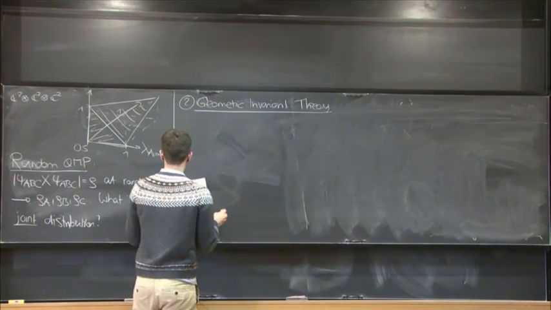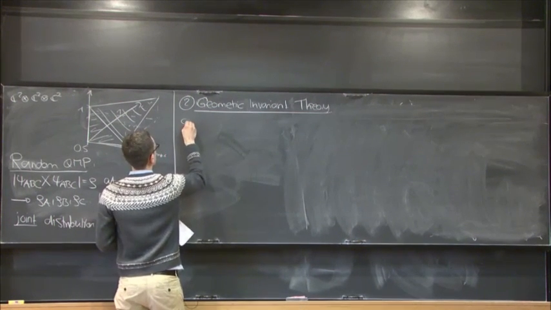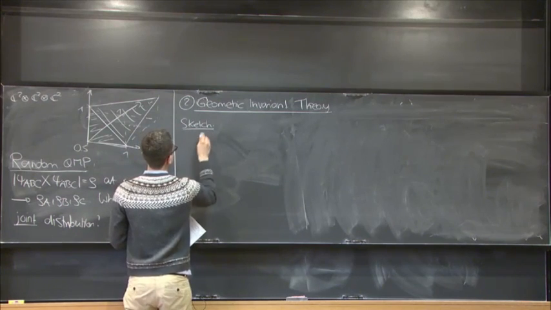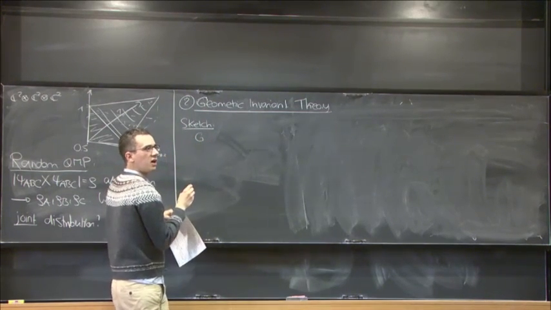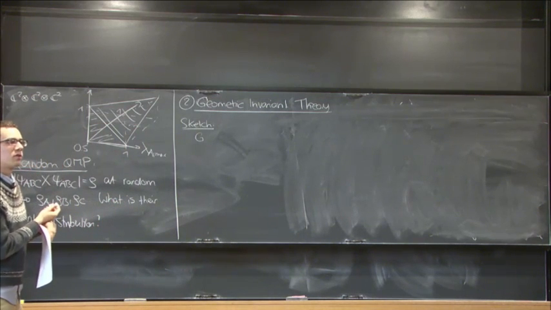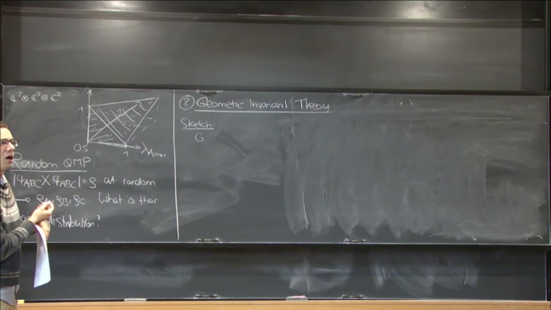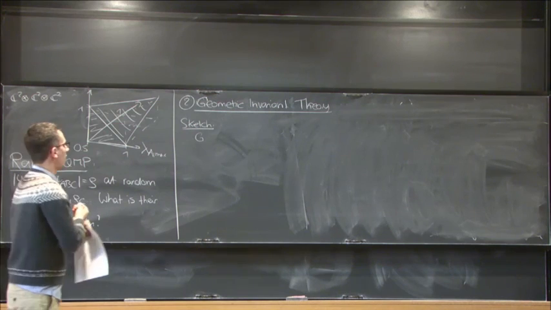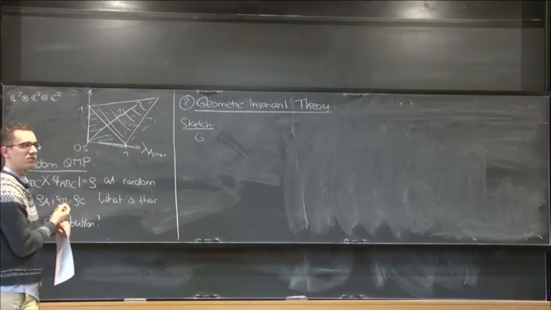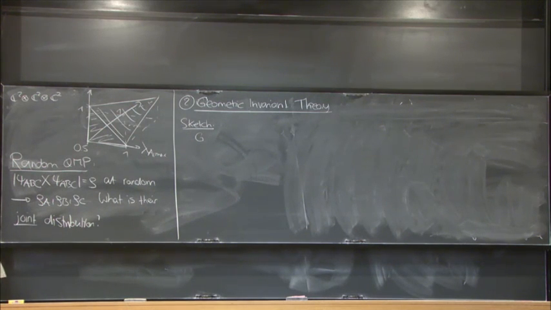What I want to look at is the following sketch of an argument. I want to sketch why there should be any relation between the existence of invariants and this quantum marginal problem, although at least it wasn't obvious to me at the time.